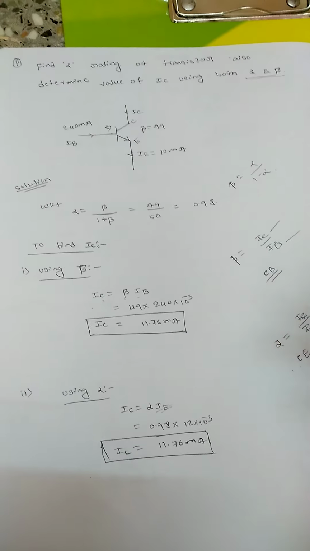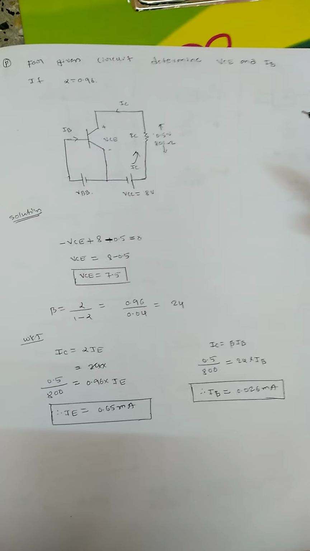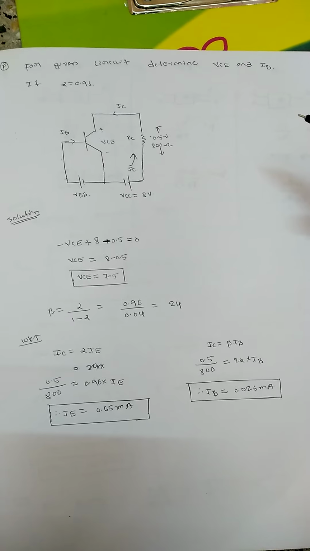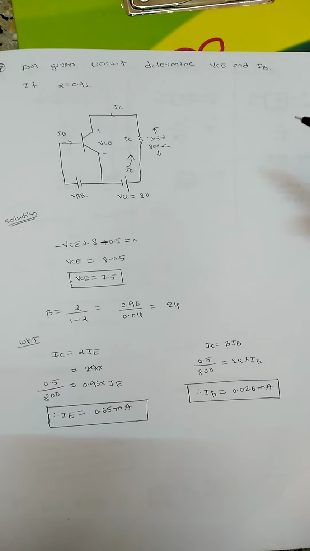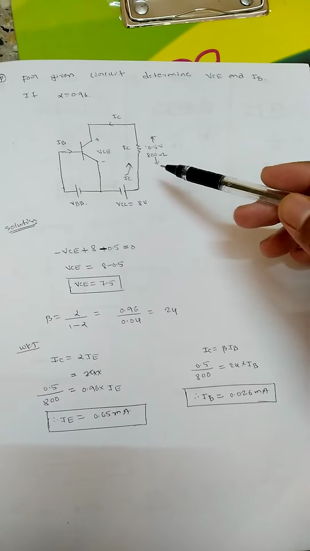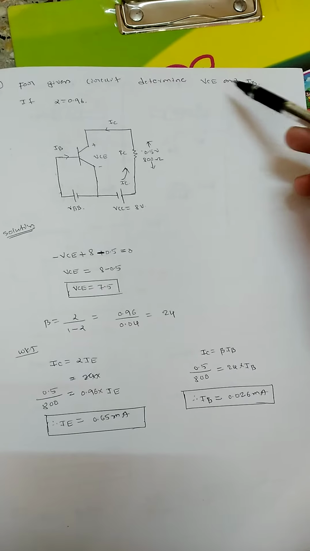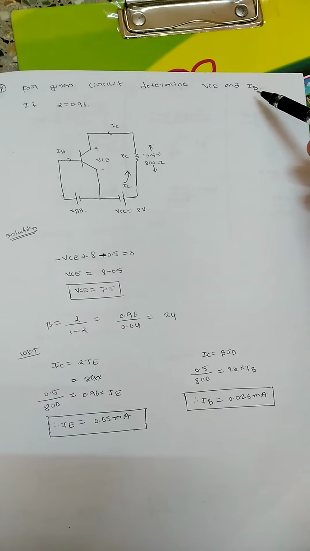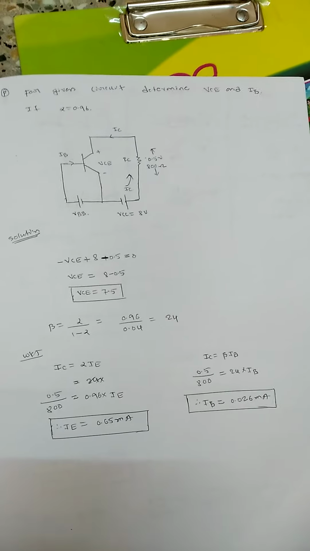Alright, so now move to the next problem. The next problem is: for the given circuit, determine VCE and IB if alpha equal to 0.96. So they have given a circuit and they are asking what is the voltage between collector and emitter, and the base current IB. They have given the value alpha equal to 0.96.